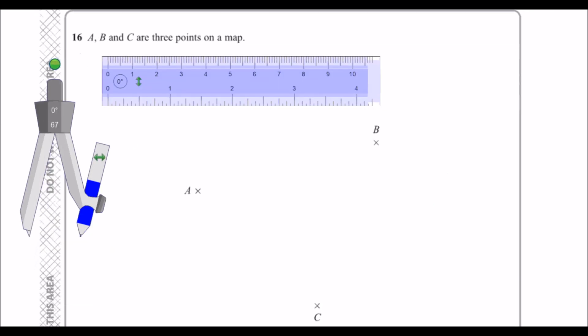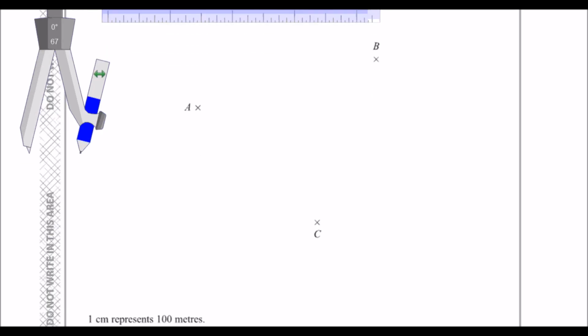Okay, question 16. A, B, and C are 3 points on a map. So we've got A, B, and C marked on the page. 1 centimeter represents 100 meters.